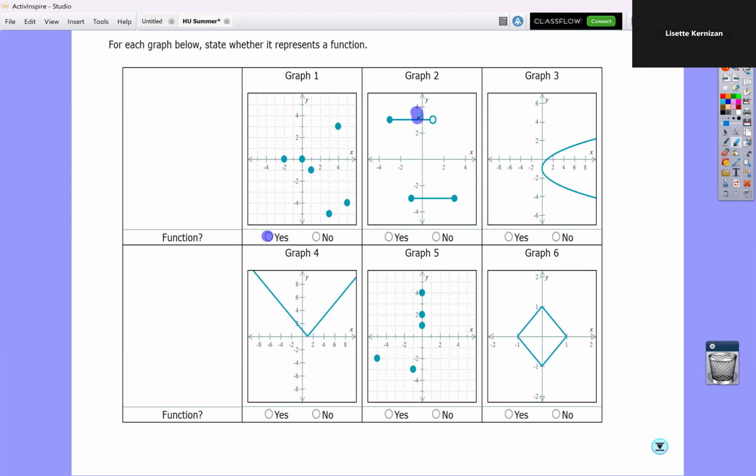Right here, when I do the vertical line test, there are 2 points where it intersects, so I'm saying no. Here, same thing, this is a no. Down here, the V is a function because it passes the vertical line test. Here, this is no because we have several x values that repeat. Same thing for number 6, it is not a function.